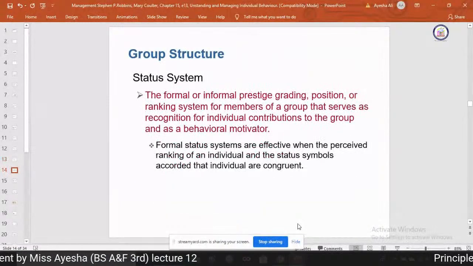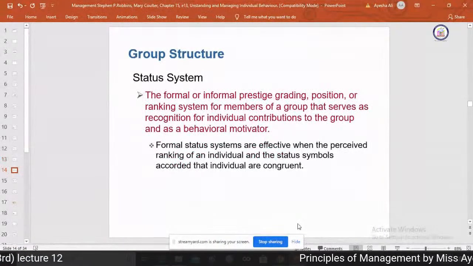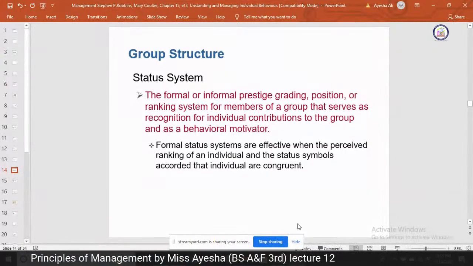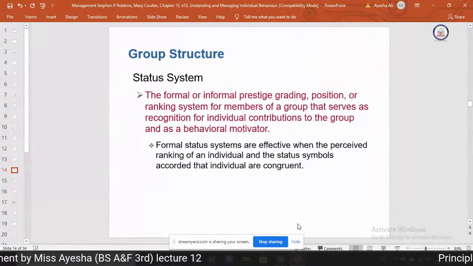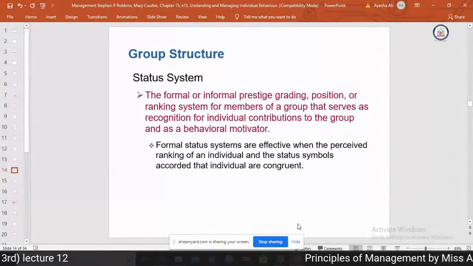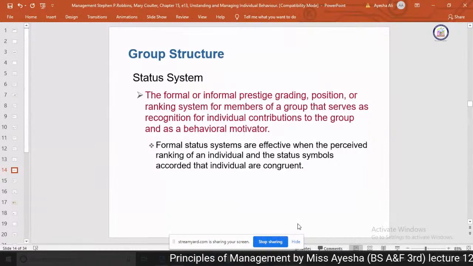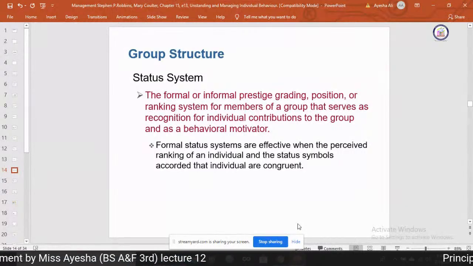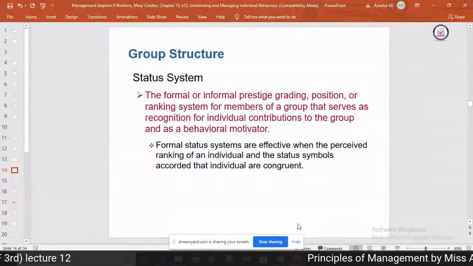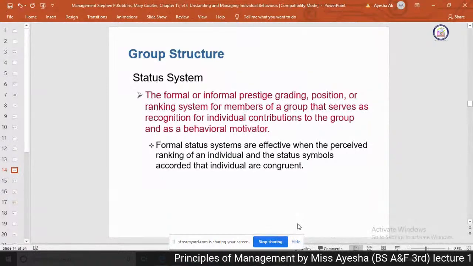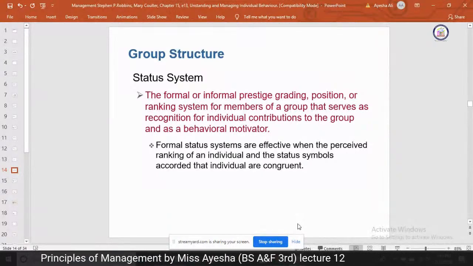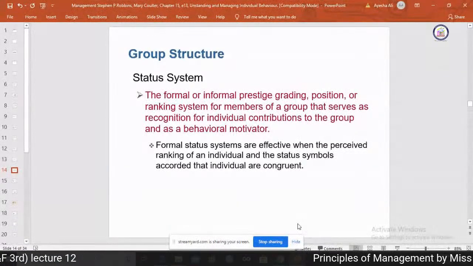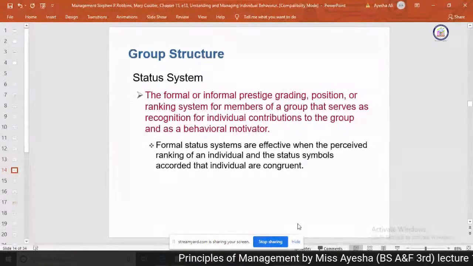So then we have a status system. Status is basically, in this we have formal and informal prestige grading and positions and ranking of the group members, and recognition of individual performance, individual contribution to the group, and so everyone has some status. Some are subordinates, some are managers, some are working under other people, some are leading, some are in the leading position.